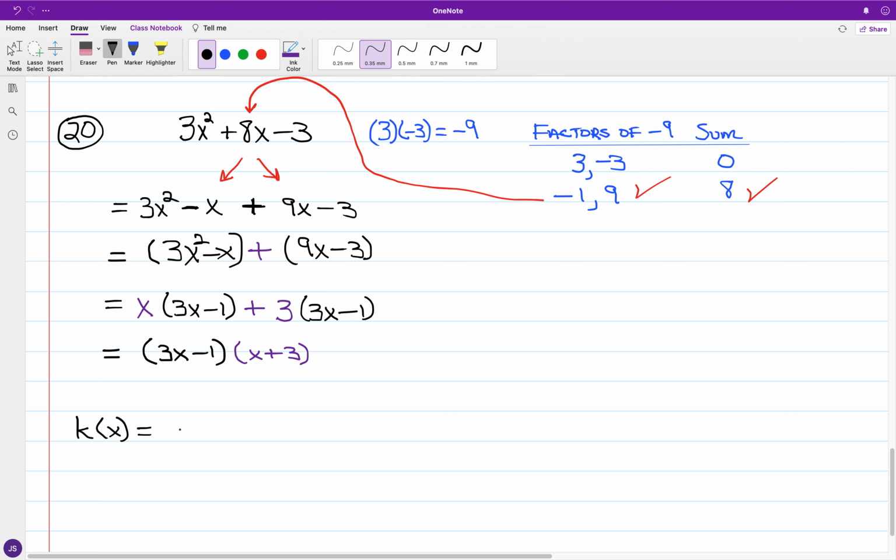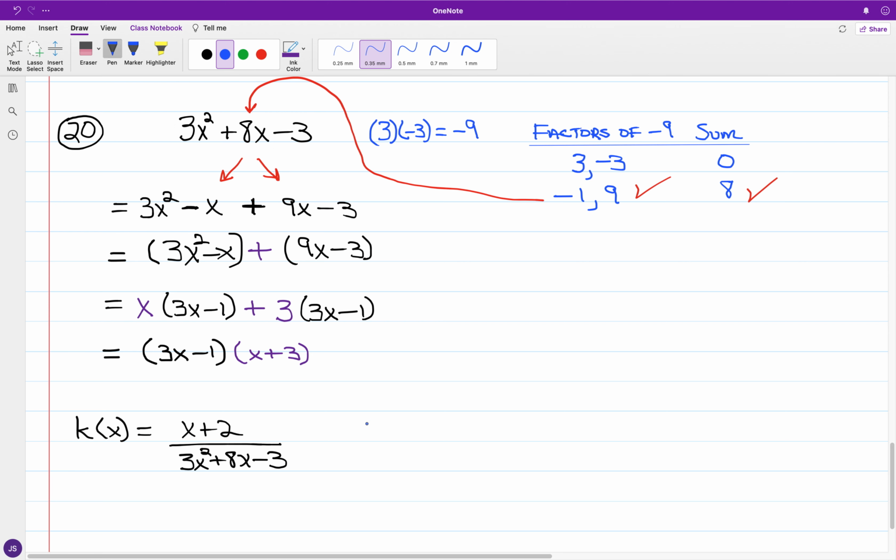Now with our function k of x, x plus 2 all over 3x squared plus 8x minus 3, we look for the domain exclusions.